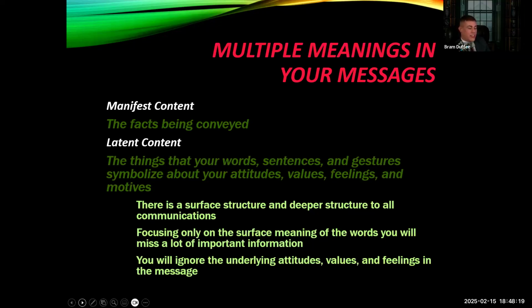Using the same example, when someone says, I had a long day, what they might really mean is, I feel drained and I'm upset. Or you might say that they're just asking for support: can you please emotionally support me right now?